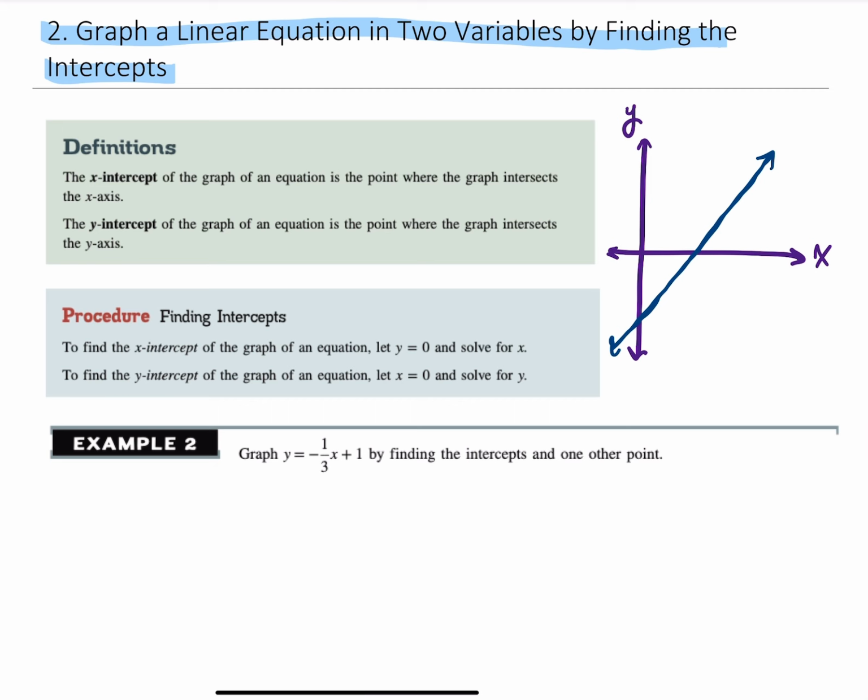So it says the x-intercept of a graph of an equation is the point where the graph intersects the x-axis. Sounds legit. So yeah, there on the x-axis, that will be our intercept point. We can describe it as some x location, but notice the y value would be 0 because it's on the x-axis.